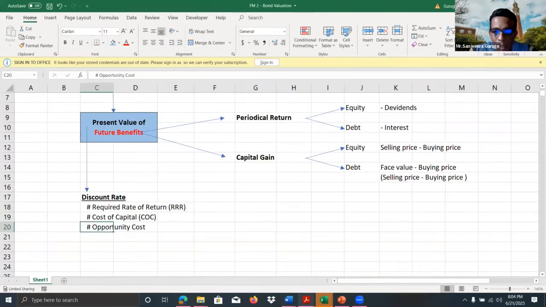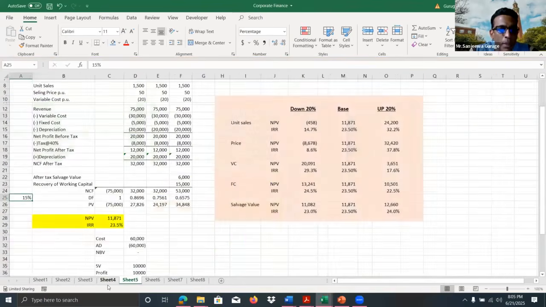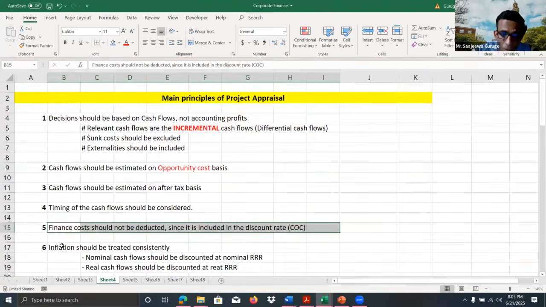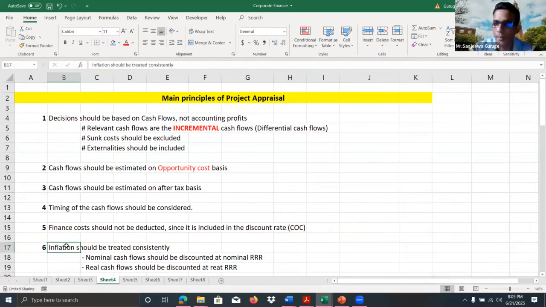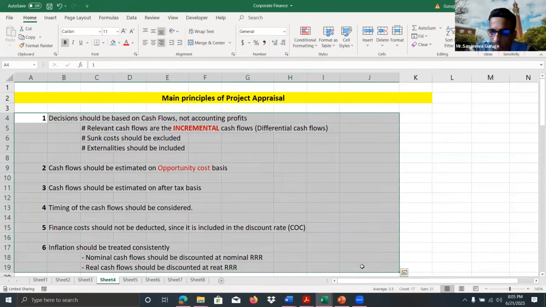So we should treat inflation consistently. If the cash flows are nominal, the discount rate should be nominal. If the cash flows are real, the discount rate should be real. It is so important to follow these principles when we are evaluating a project, right?